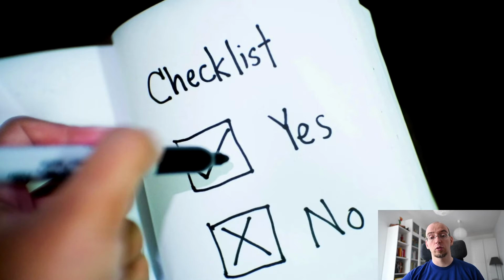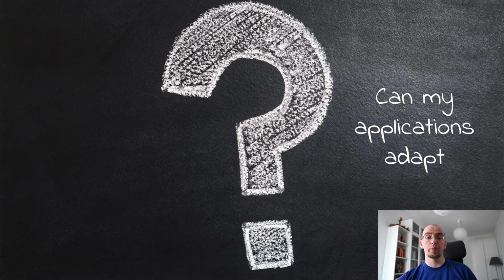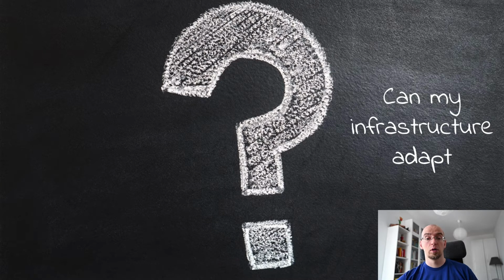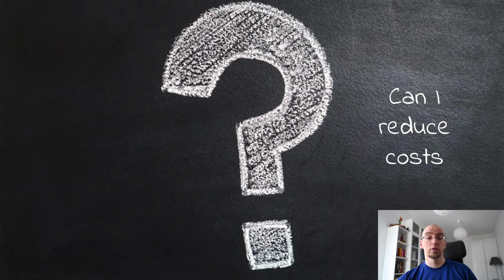During this talk, we want to help you to build a checklist and provide solutions to problems like: can my application adapt to changing traffic? Can I effectively manage resource consumption? Can my infrastructure adapt to changing number of pods, their sizes, to new application and their needs?